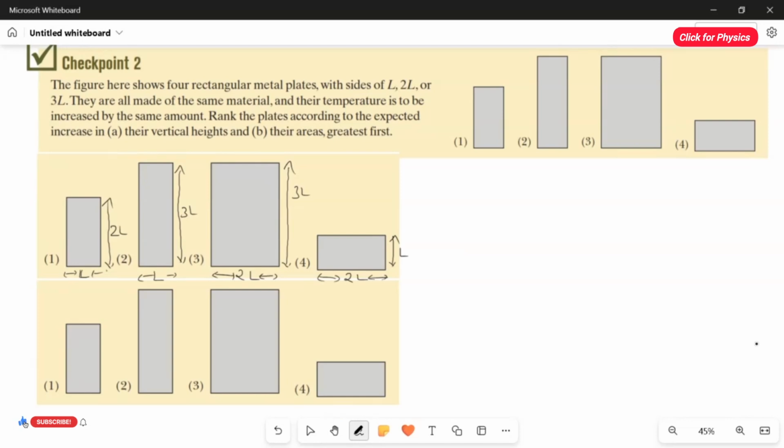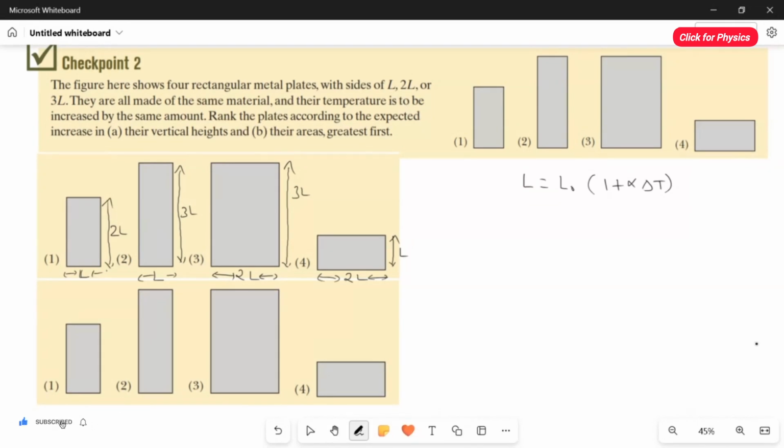Now we have to give the answer: when you increase the temperature by the same amount for these 4 metal plates, what will be the increase in their vertical heights? In the theory, we studied the linear expansion formula, which is L equals L naught times 1 plus alpha delta T. This alpha is the linear expansion coefficient for the material.